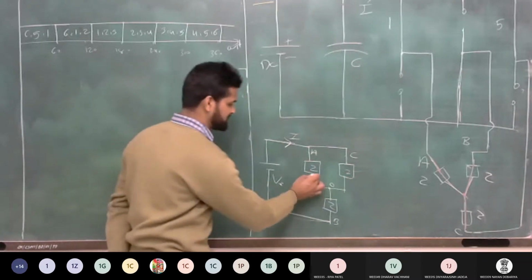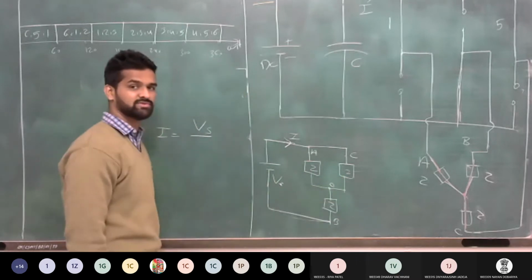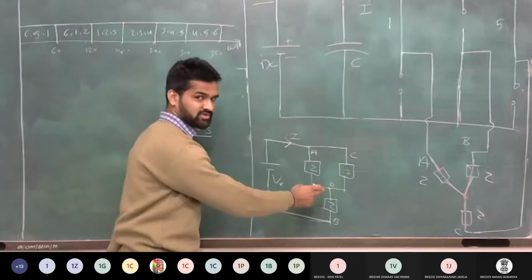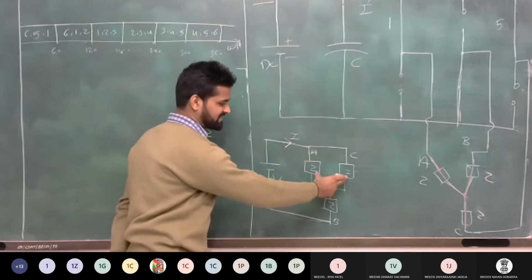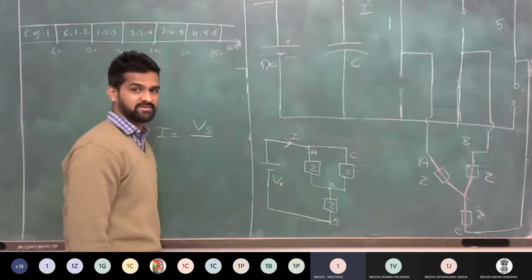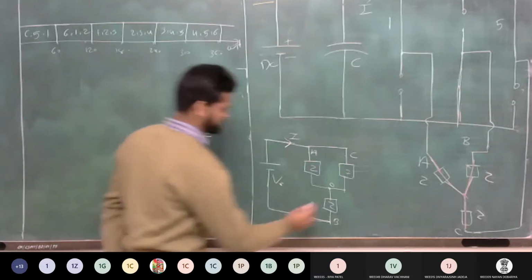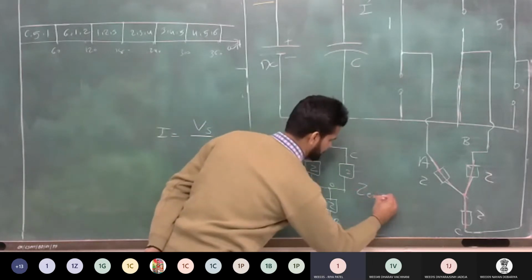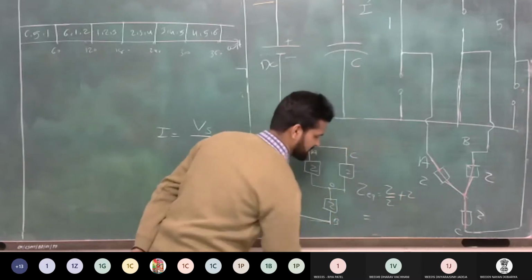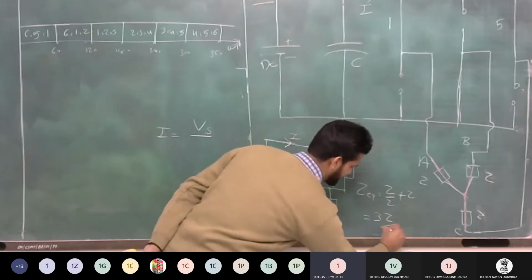So what is the equivalent of this Z and this Z? Z by 2. Yes or no? And this Z by 2 is connected in series with this Z. So that is Z by 2 plus Z. If you calculate Z equivalent, it is Z by 2 plus Z, which means it is 3Z divided by 2.